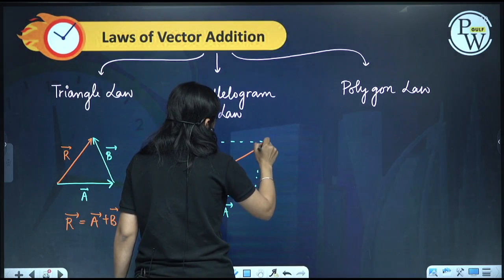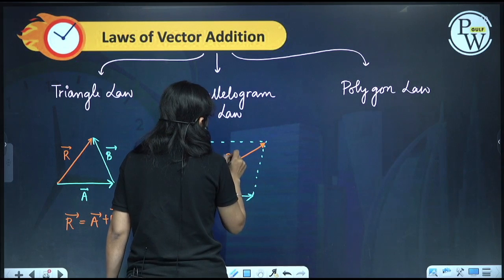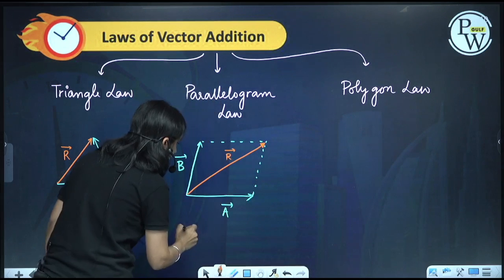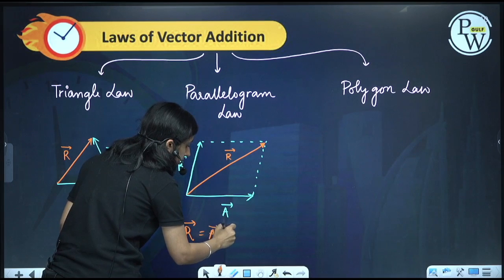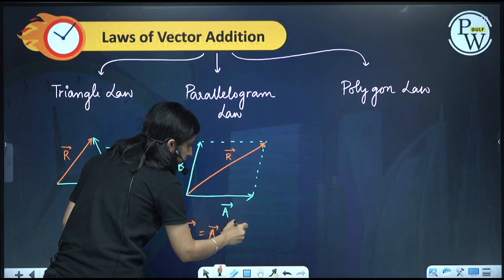Then the resultant will be represented by the diagonal of my parallelogram from the same initial point.